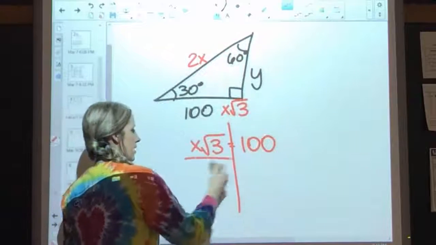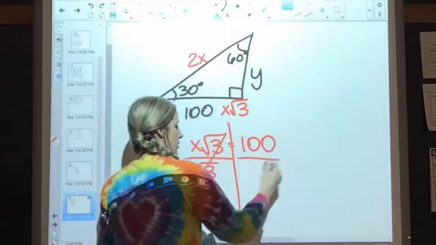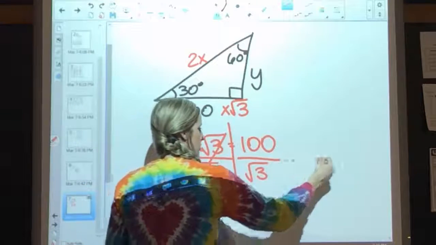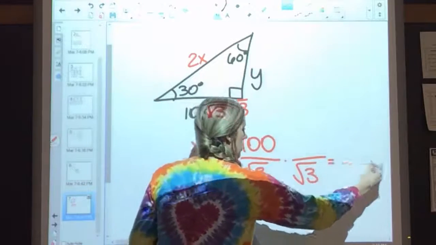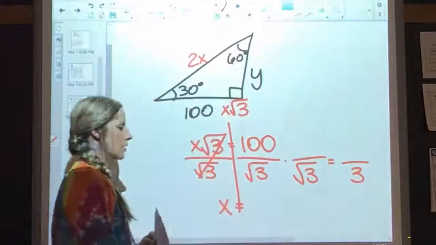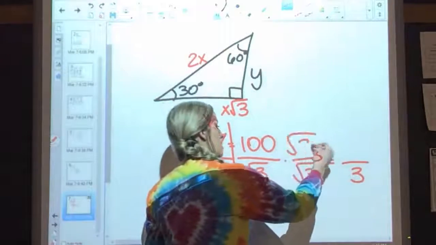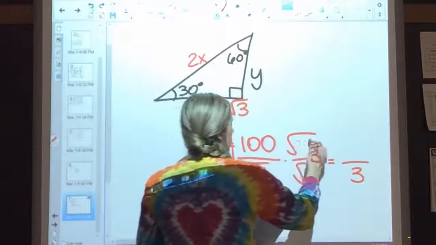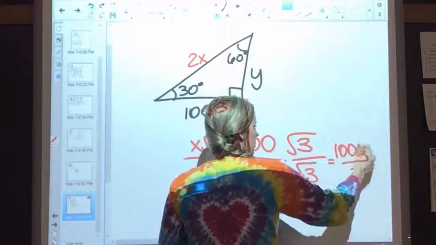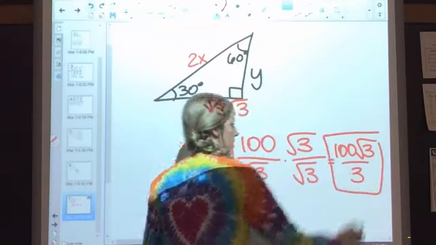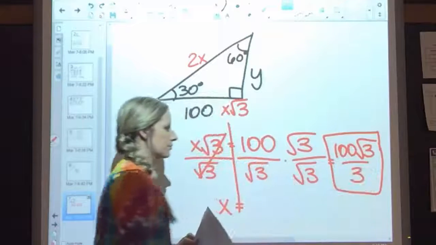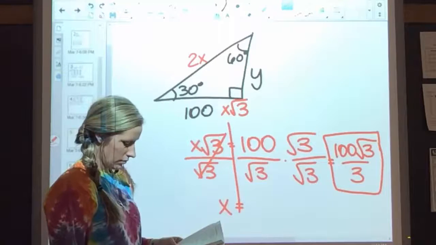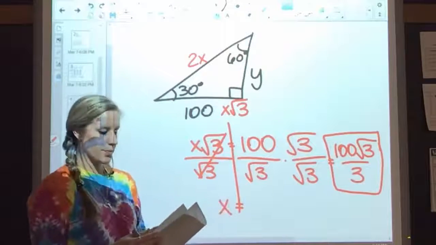So you'd have to divide by the square root of 3. Simplify the radical. So we want the square root out of the denominator. So you should get 100 square root of 3 over 3. And that's going to be your y value.